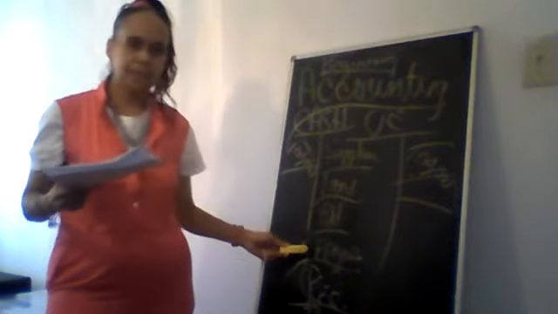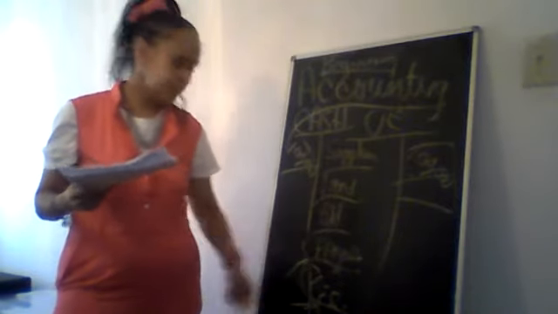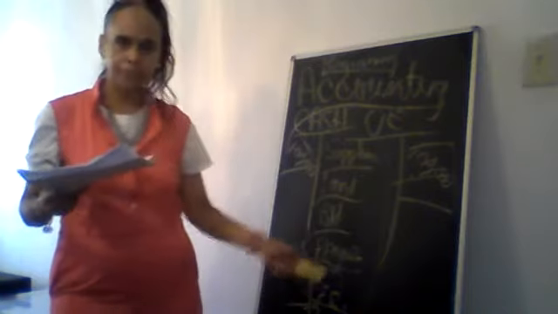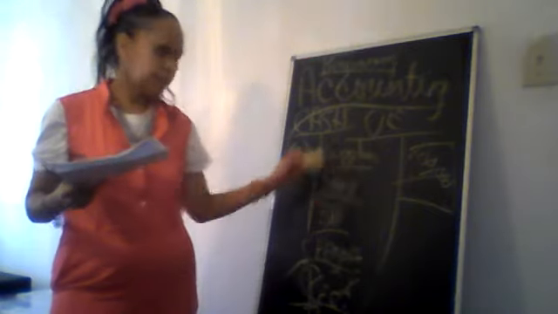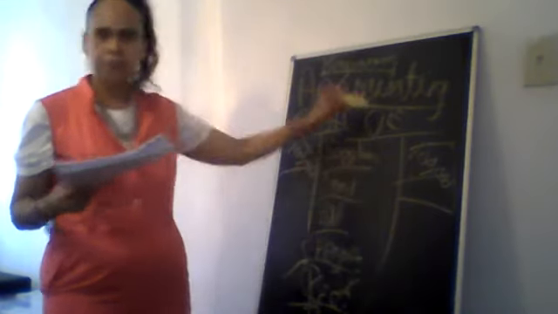You have your salaries payable, because you have to pay your employees. Accounts receivable means you have money coming in, so that's considered an asset. All of these would be considered transactions going into the accounting cycle.